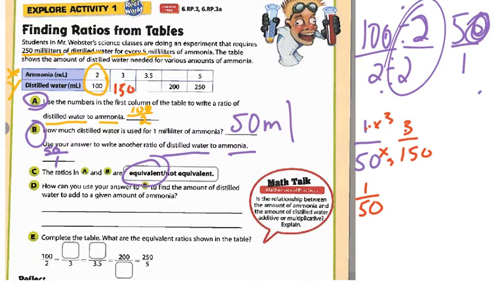So if I go from 1 over 50 to 3.5 over something, to get from 1 to 3.5, you're going to have to multiply by 3.5. 1 times 3.5 is 3.5. Then you need to multiply 50 by 3.5. And of course you should be using a calculator for that, you're going to get 175. So this is 175.